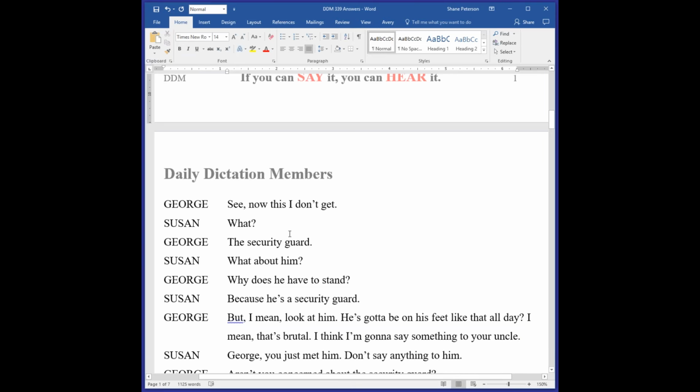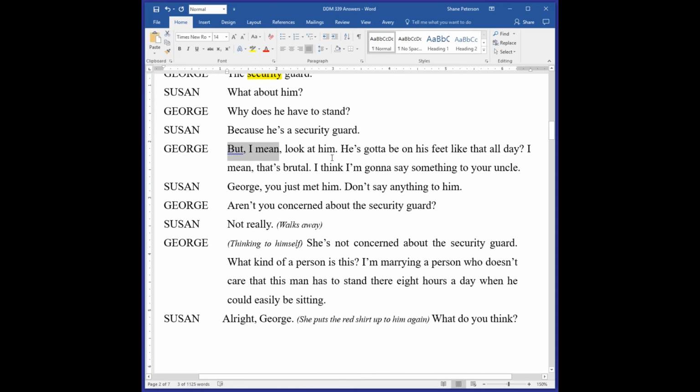See? Now this I don't get. What? The security guard. What about him? Why does he have to stand? Because he's a security guard. But I mean, look at him. He's got to be on his feet like that all day. I mean, that's brutal. I think I'm going to say something to your uncle.